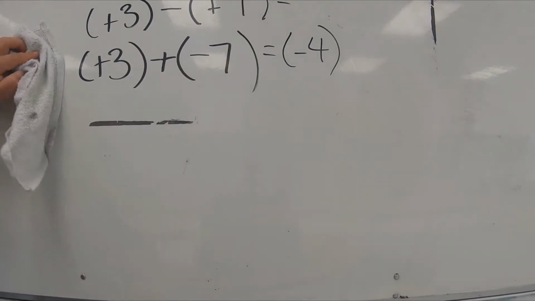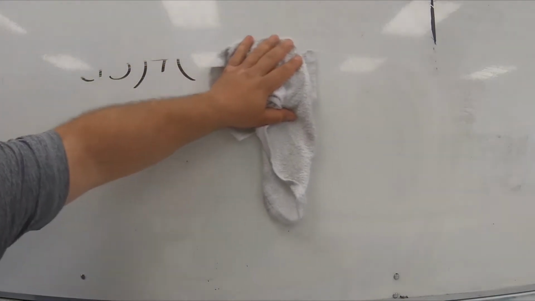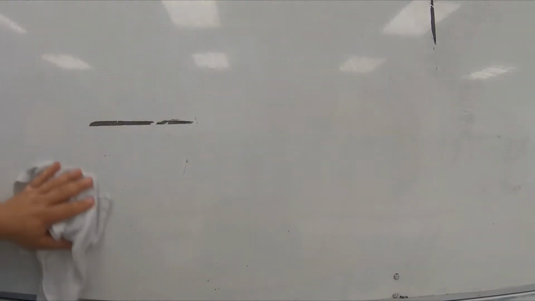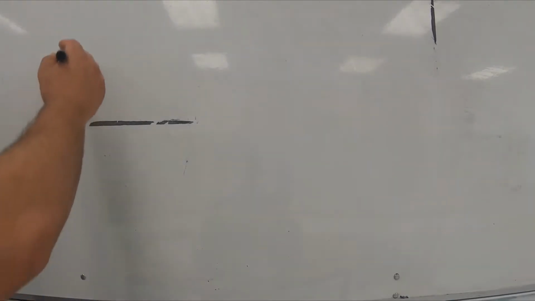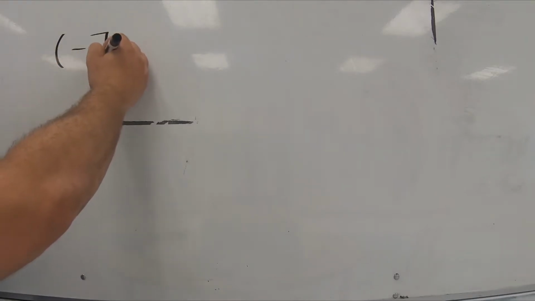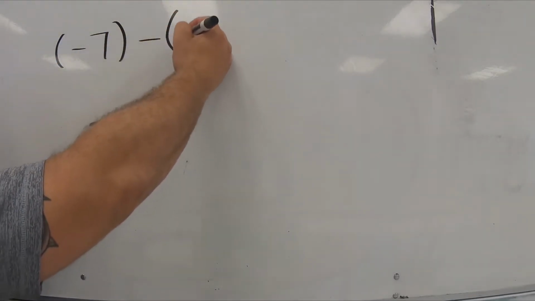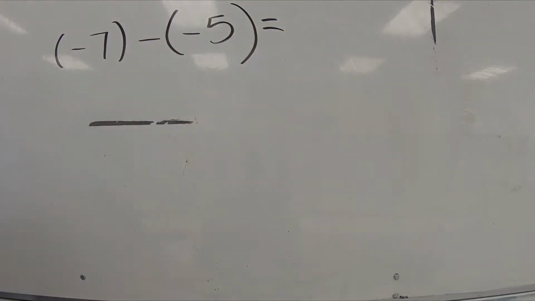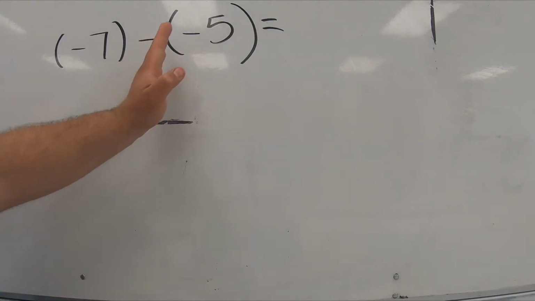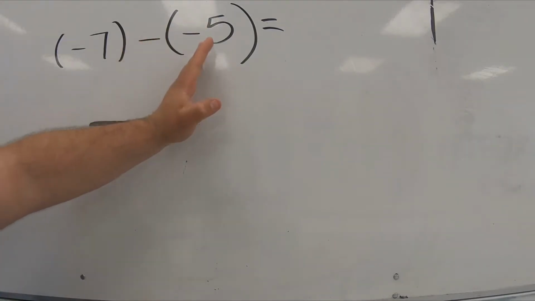Now, let's work on how we can model these, because that's where things get kind of interesting. And we're going to do it both ways, with the rule and with the modeling. We'll start with a relatively easy one. -7 take away -5. Now, remember, according to our rule, taking away a negative is the same thing as adding a positive.